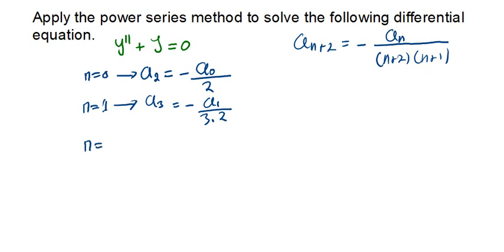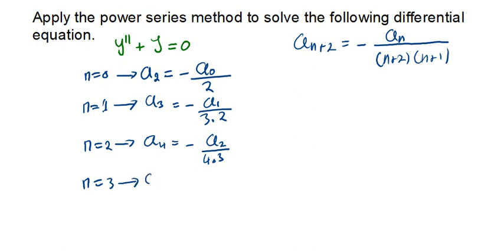So what if n is equals to 2? So we're going to say this will be a sub 4 is equals to minus a sub 2 divided by 4 multiplied by 3. What about n is equals to 3?